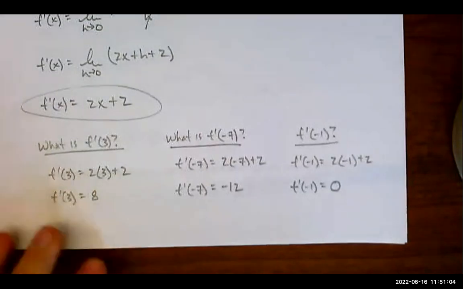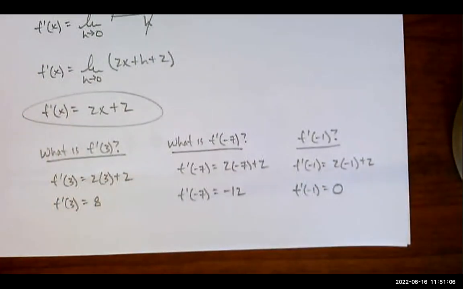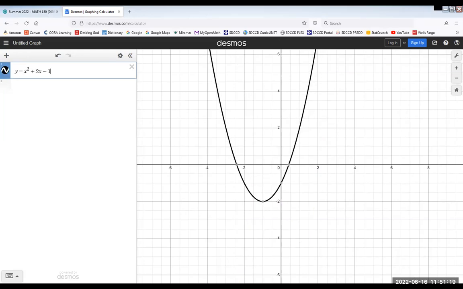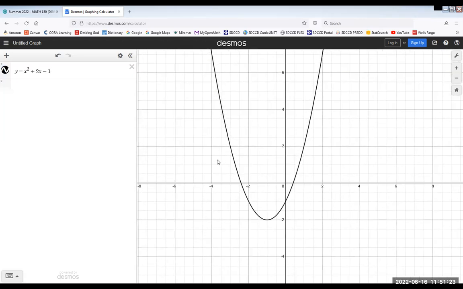Why is that interesting? Oh man, okay, we just got to graph this really quick. Graph our function x squared plus 2x minus 1. There it is.